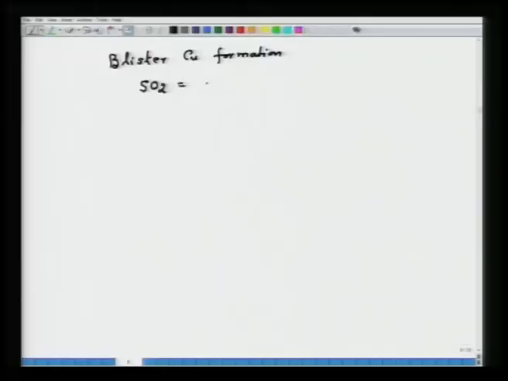So, SO2 is 29.59 and nitrogen would be 111.26, in kg moles.